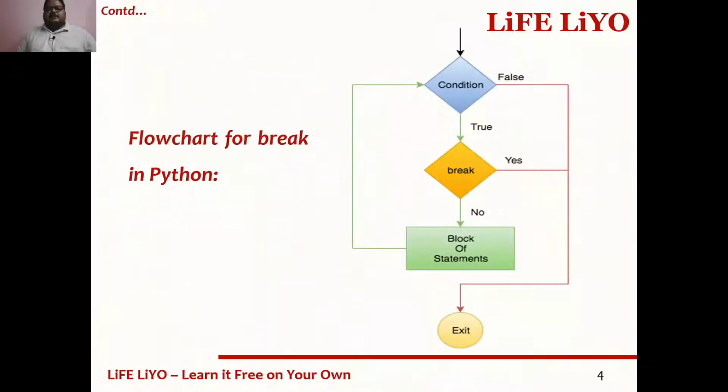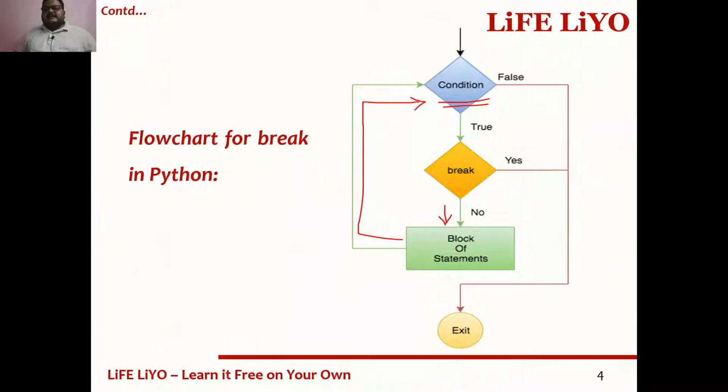This is the flowchart. First the condition will be verified. If the condition is true, then it will enter the loop. Here we check whether any break statement is there or not. If the break condition is not satisfied, it executes the block of statements. After executing the block, the loop goes back to check the condition.